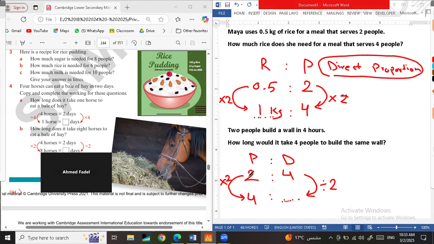So the duration is going to be only 2 hours, because with the original number of people it took 4 hours. Definitely, if more people join, it's going to take less time to build the wall. So what do we call this? We call this inverse proportion.